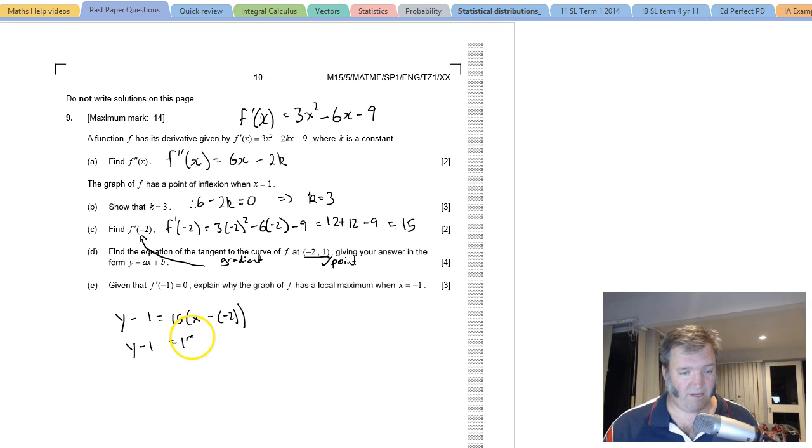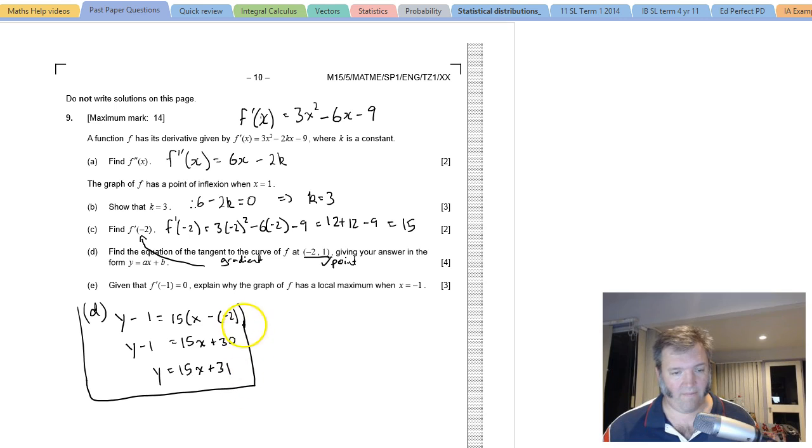This is going to be 15x, minus negative 2 becomes plus 2, so that's plus 30 when I multiply it by the 15. So y equals 15x, subtracting 1, add 1, 15x plus 31. That's your working for D. A little box drawn around it there.